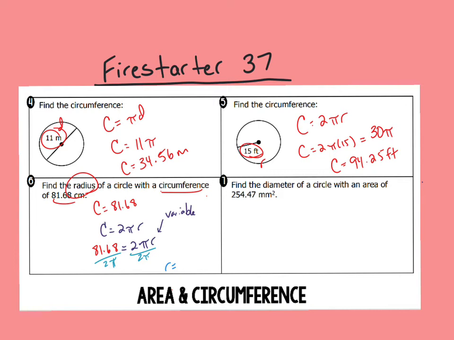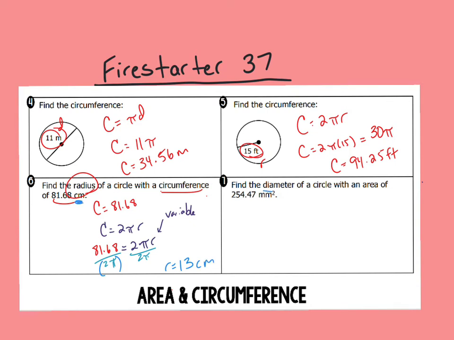I forgot the first time and it gave me some weird number. When you type it in your calculator, make sure you put that in parentheses, or you could get the wrong answer. So when I do that, I end up with r equals 13, and we know it's centimeters because it says centimeters there.